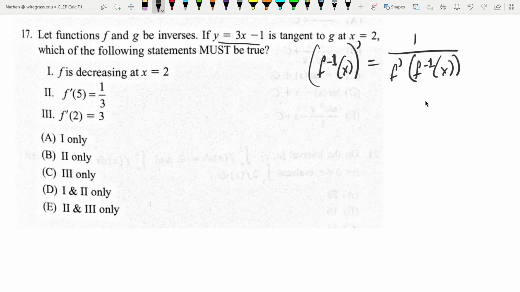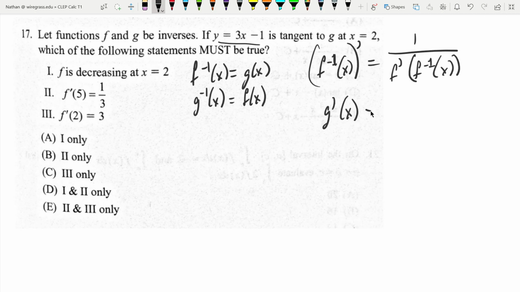It's a very confusing formula. It's made easier knowing that f inverse of x equals g of x, and of course that means the same thing as g inverse of x equals f of x. And we can actually plug this into the formula. F inverse of x is just g of x, and the derivative of that is g prime of x equals 1 over f prime, the derivative of f, of f inverse of x, that's just g of x.